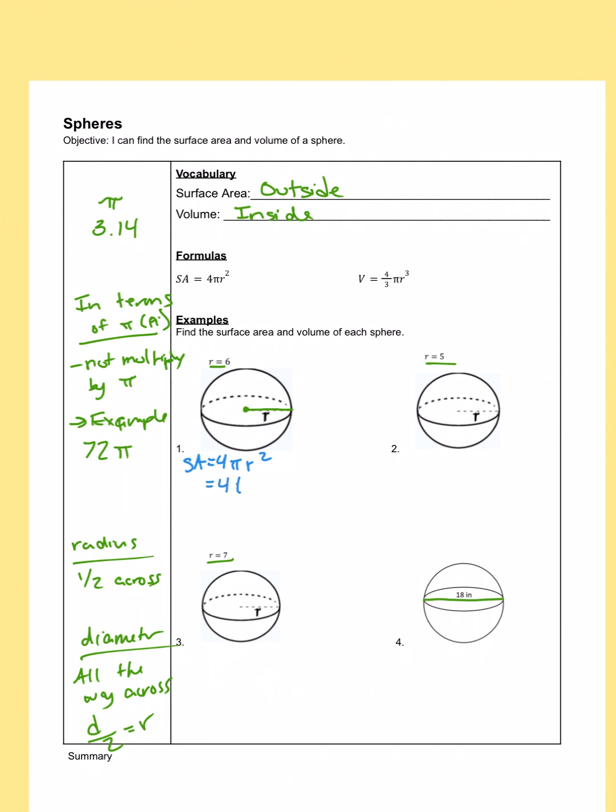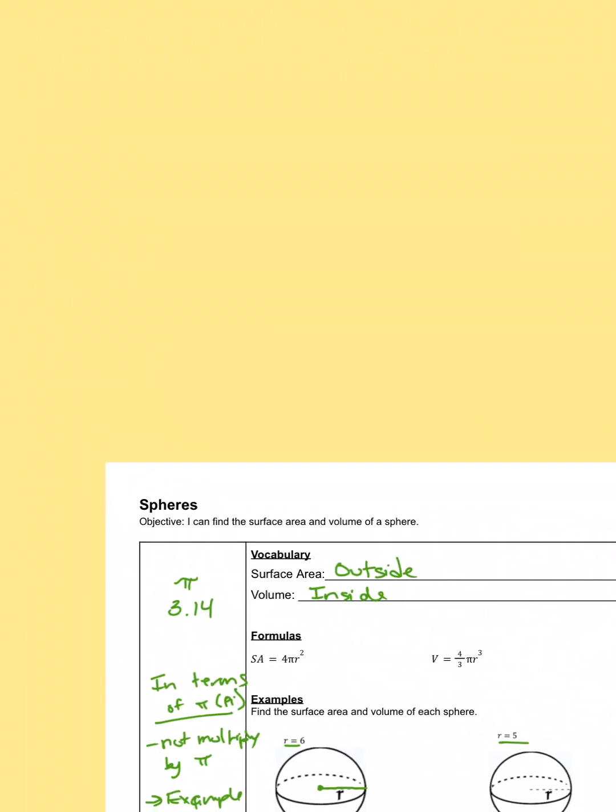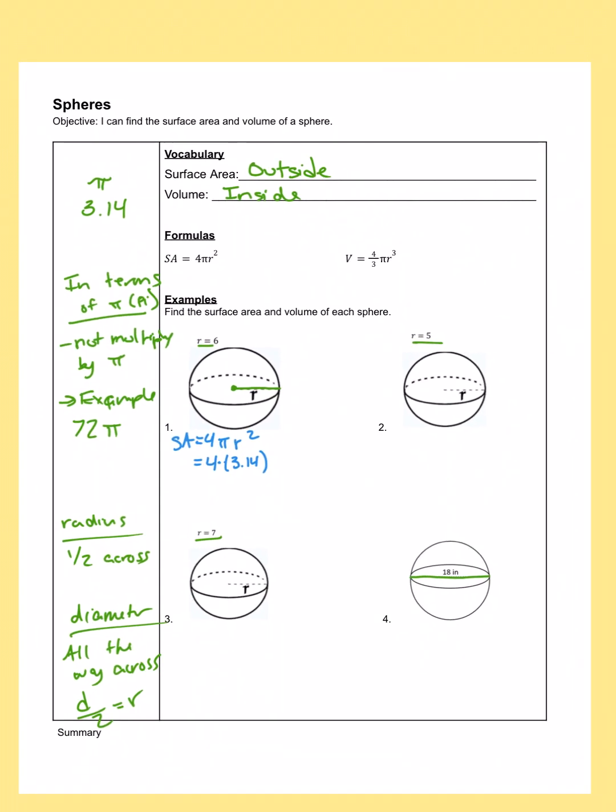I'm going to use parentheses to represent my multiplication instead of the dot for times, just because the dot can get confused with that decimal point. But either way is fine. So you're taking 4 times pi, which is 3.14, and then you're multiplying that times the radius squared. And the radius here is 6, so that's 6 squared.